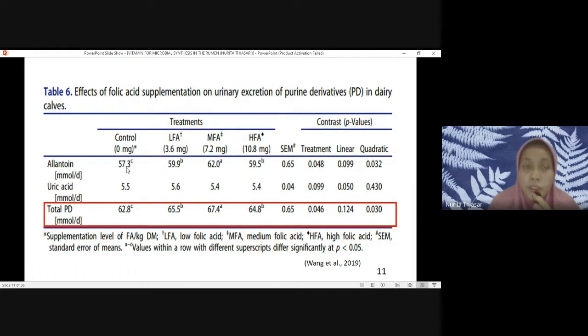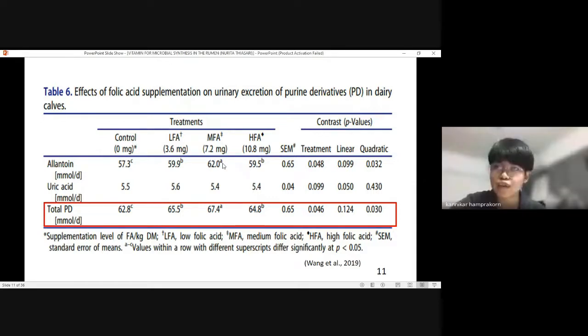So if in the rumen there is a higher microbial protein synthesis due to the addition of the folic acid, it will affect the allantoin. The allantoin will also be increased. Okay, thank you.